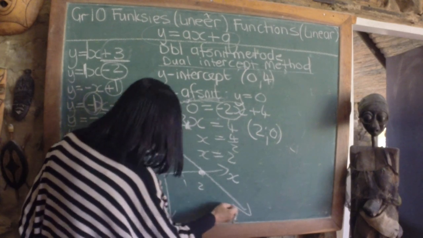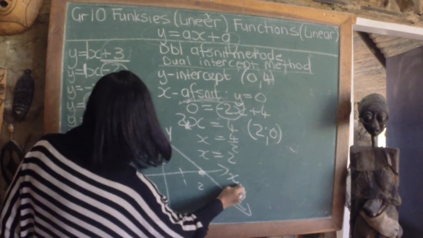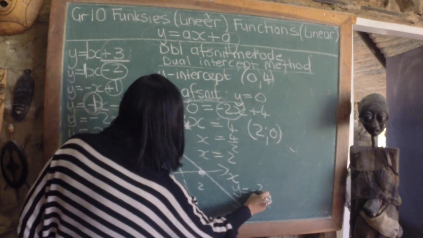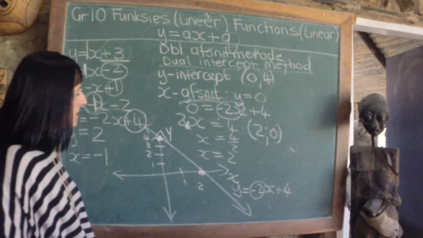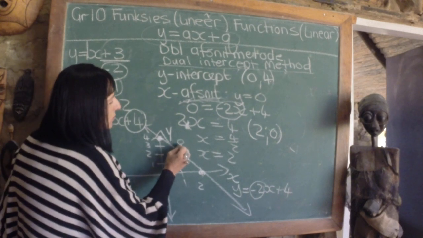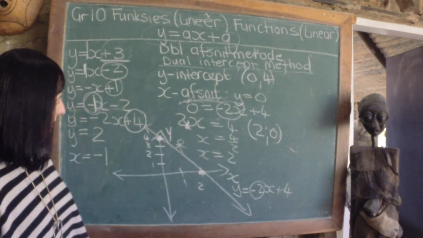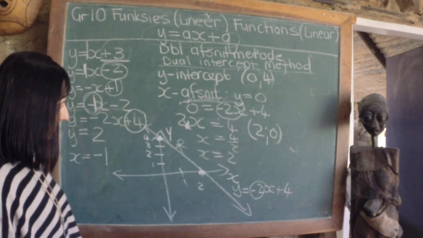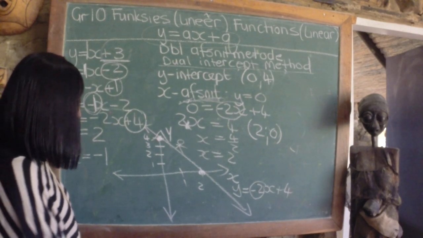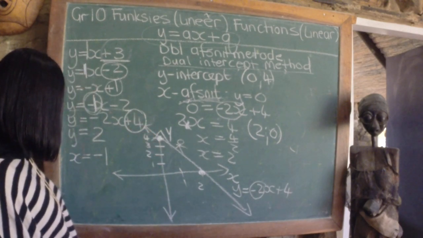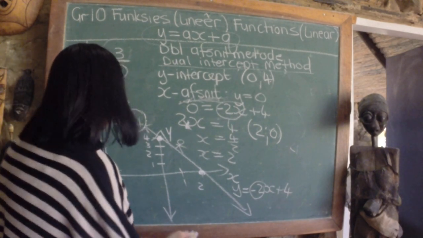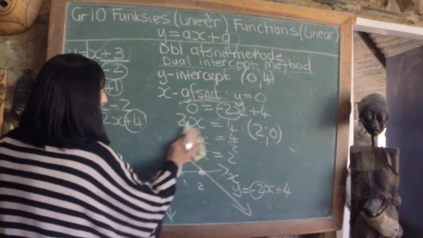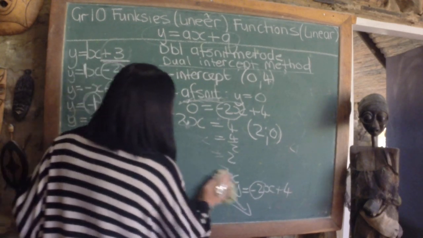Trek jou lyn en skryf die naam van jou lyn. Write the name of the line on it. It's a negative gradient. Hy's 'n bietjie groter want jy kan sien, wee, the little man goes. Okay, dit gaan hy gly so lekker af van die gradiënt is groot. Okay. So that's very easy, grade 10's. Lekker werk om te doen. Funksies, baie belangrik, baie lekker werk.